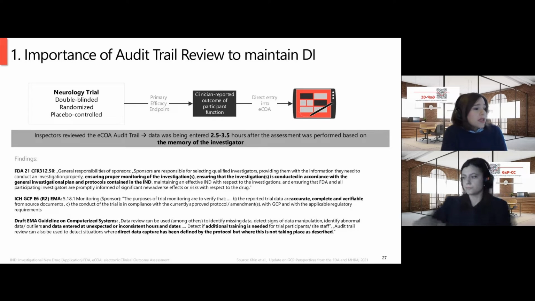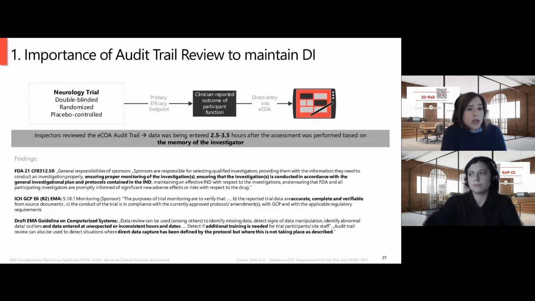On the other hand, the draft EMA guideline on computerized systems, which we expect to be finalized by the end of the year, states that there should be data review in place, so as to avoid missing data during the trial, and making sure that the sponsor knows when data is entered at unexpected or inconsistent hours and dates.